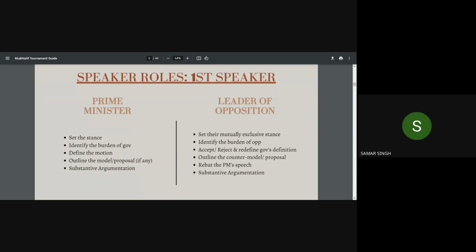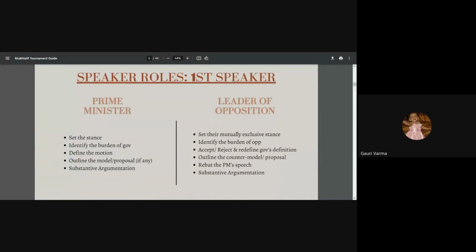Within your 7 minutes, you have freedom to customize your speech as you want. There are just things that you should definitely say, which is define the motion, give the status quo, and give the stakeholders. And this is also not compulsory. You can skip it, but remember, if you skip it, you will lose a couple of scores because then it will be hard for your team to win this debate. But there's no specific order, it is customizable.